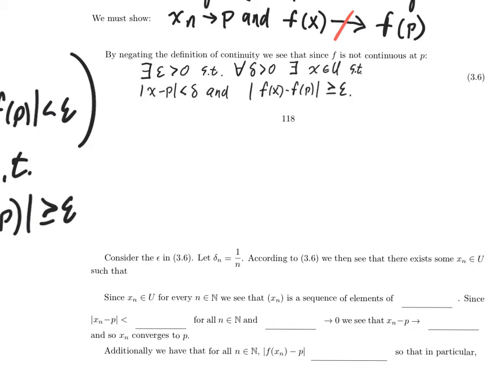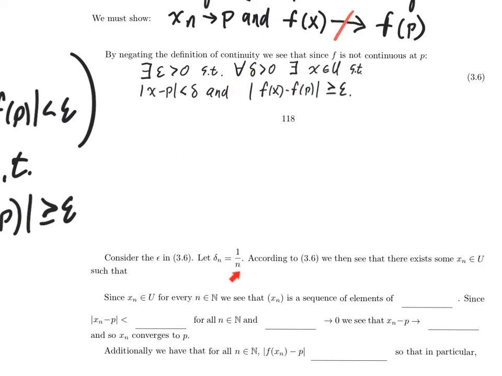But it's just some positive number. Let delta n be equal to 1 over n. I know something is true for every positive number delta. Is this number positive? Yes, sure is. So that must mean there exists some x in U which depends on delta.